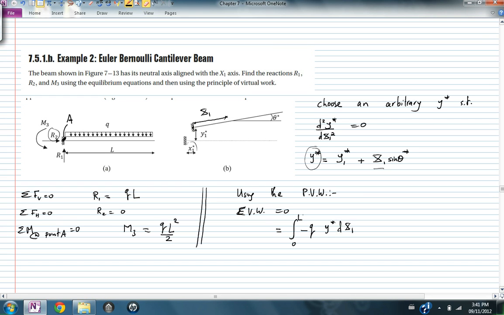So this is the external virtual work by the distributed load, plus vertical reaction R1 multiplied by y star 1. I don't have any reactions on the free ends. I have R2. I have a moment acting this way. Rotations are always assumed this way. Theta star, so M3 multiplied by theta star.